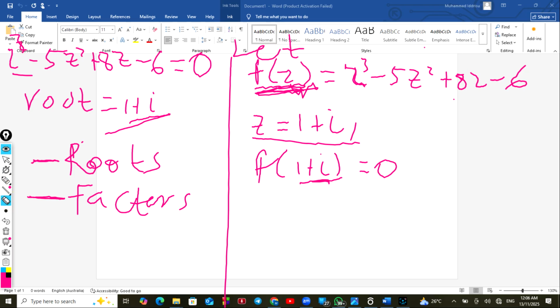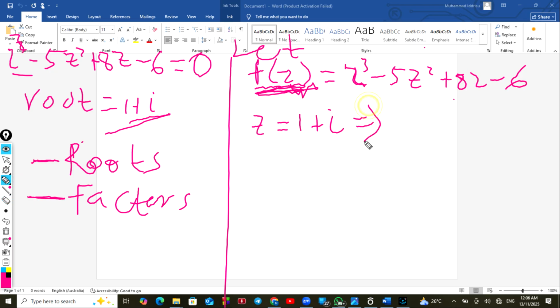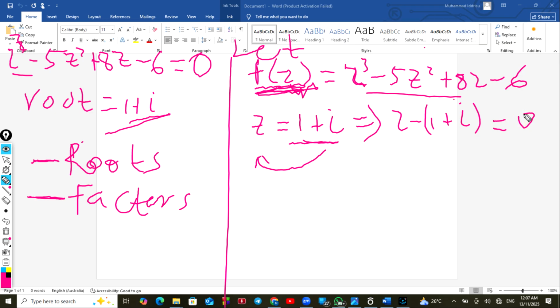So z is equal to 1 plus i is what? A root. This means that we can find a factor out of this. So by taking everything there to the other side, z minus bracket open 1 plus i is a factor of this guy. So it's equal to 0. So z minus (1 plus i) is a factor of f of z.